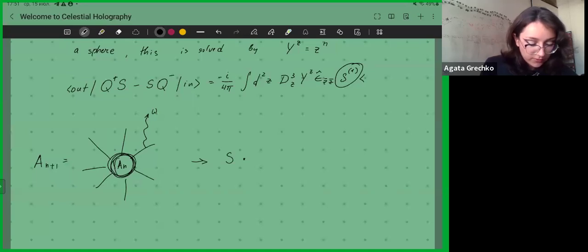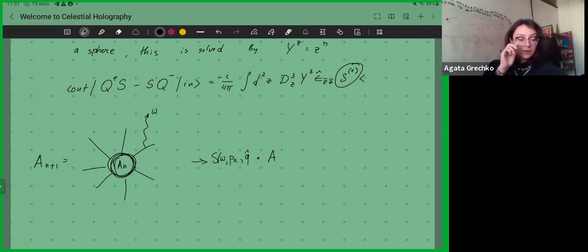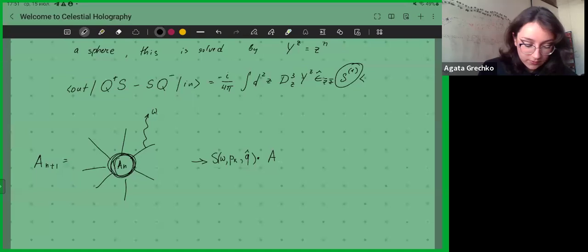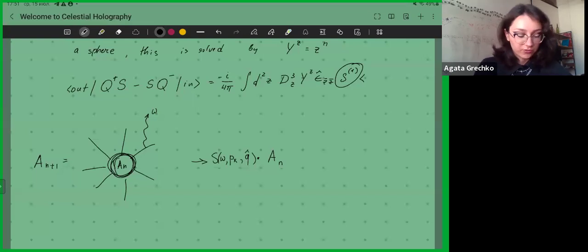Because there are n legs plus 1 leg. It factorizes into some factor depending on omega and the momenta of the particles and the momentum direction of the graviton itself, and the previous unperturbed amplitude where there was no soft graviton.